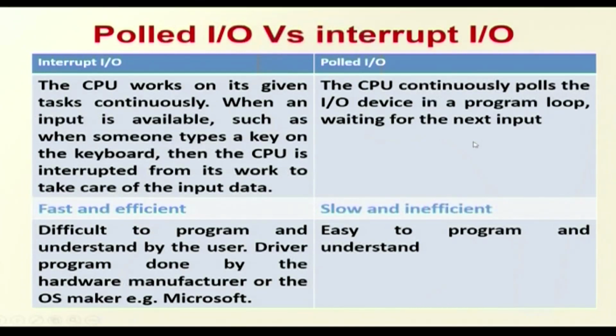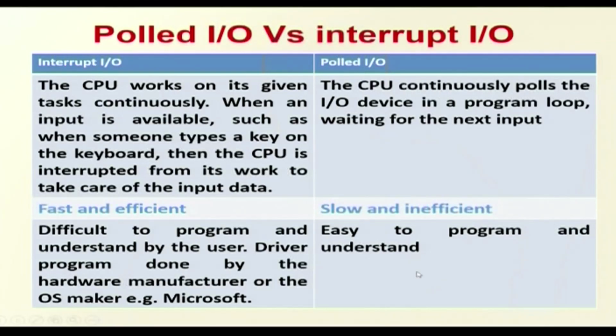Now, the microprocessor cannot do any other work. So, interrupt I/O is fast and efficient. Polled I/O is slow and inefficient. In interrupt I/O, it is difficult to program and also to understand by the user, because the driver program is written by the hardware manufacturer, for example Microsoft.